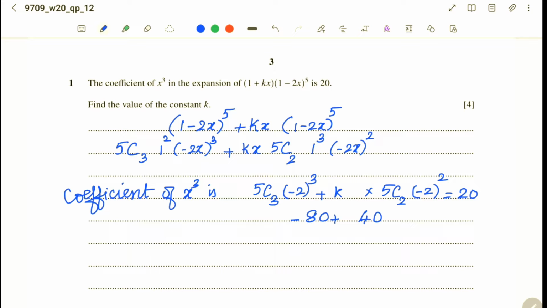So −80 + 40k = 20, so 40k is equal to 20 plus 80, which is 100. So k is equal to 100 over 40, so k is equal to 5 over 2.